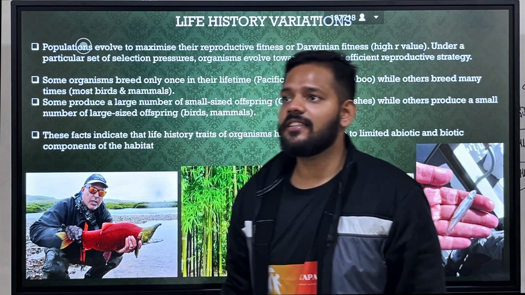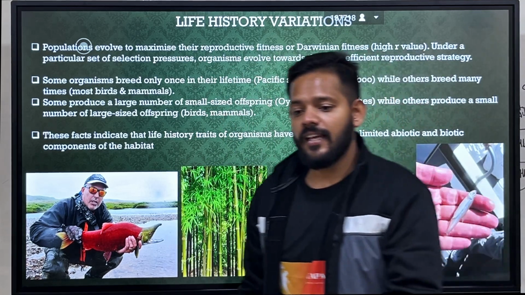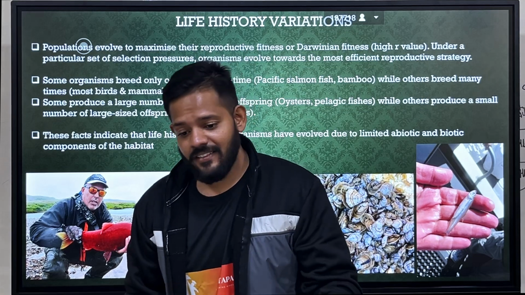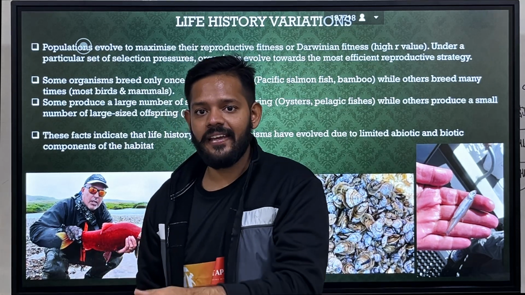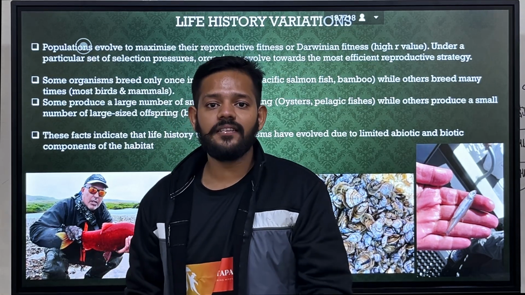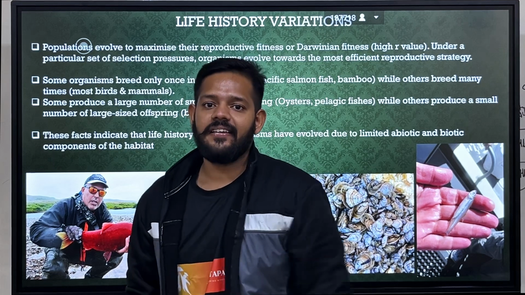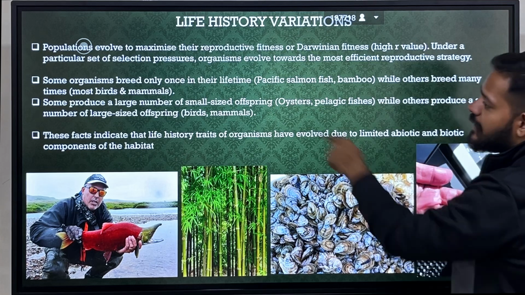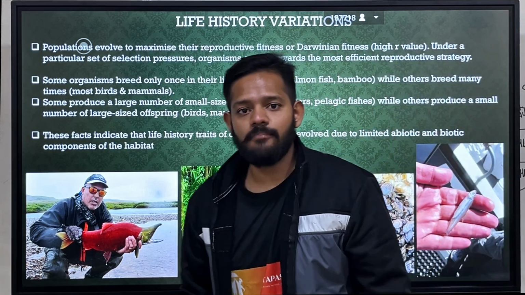The thing with salmon fish is that they lay their eggs in fresh water. And when they go to fresh water for laying eggs, they do not come back to the oceans. They die there. The next thing is that others breed many times, most of the birds and mammals.